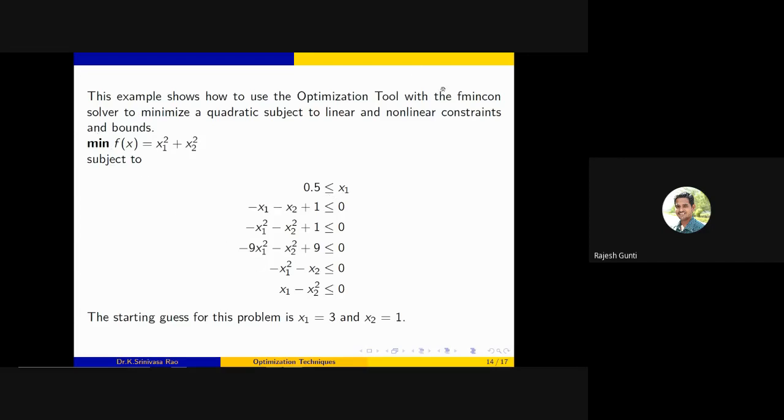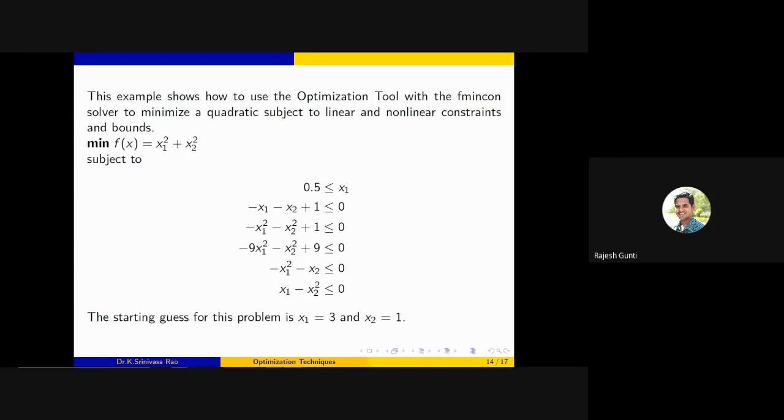So if you want to solve this optimization problem, we have to create one M file for the objective function. Previously, we directly entered the variables, equality constraints, and linear equality constraints in the command window, as well as in the optimization toolbox.